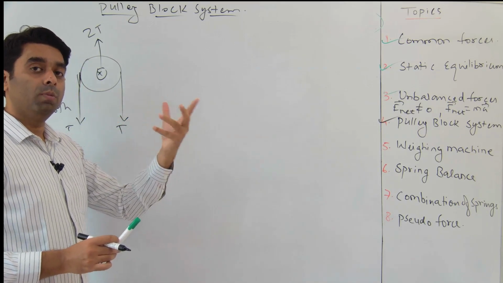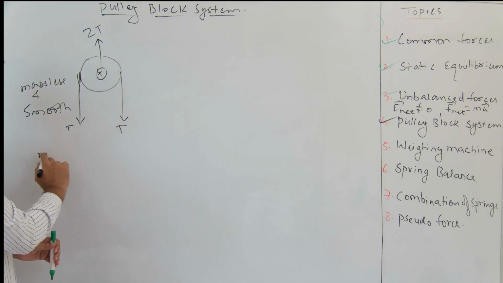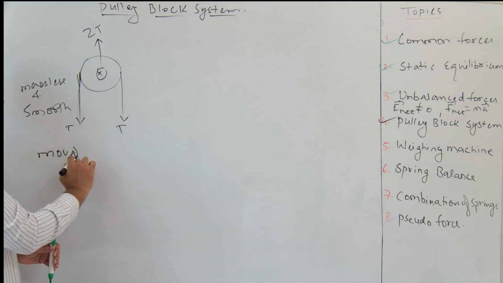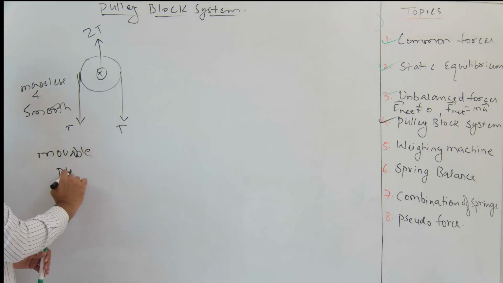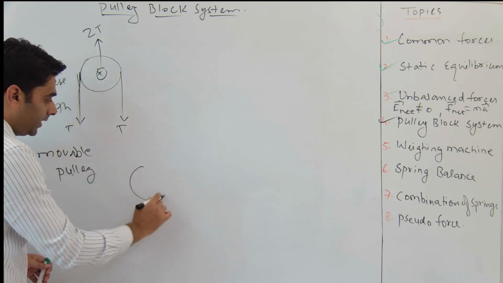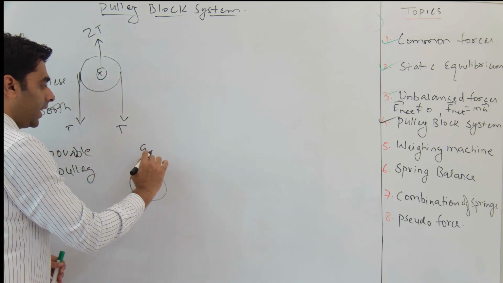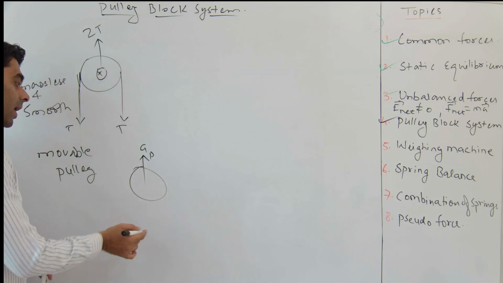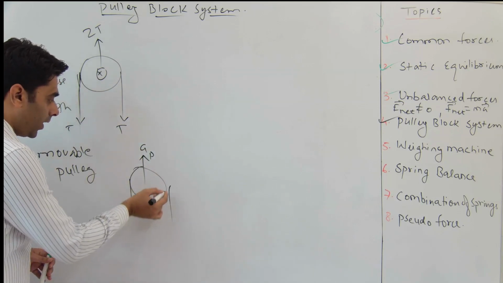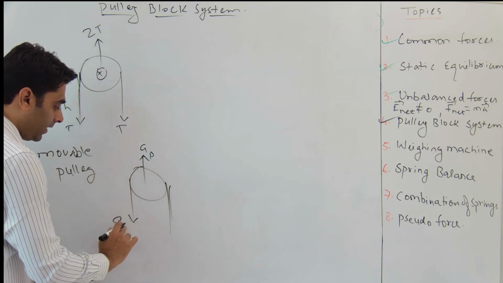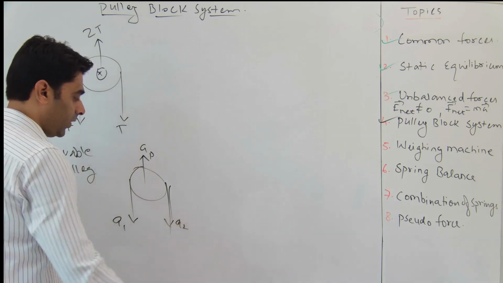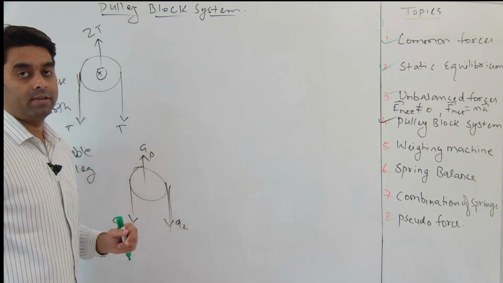Another relation you can keep in mind is for a movable pulley. Let's say that a pulley has an acceleration of AP upward, and these two ends have accelerations A1 and A2.